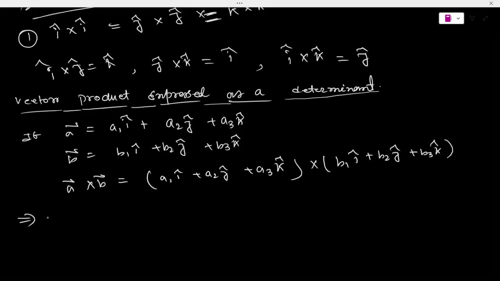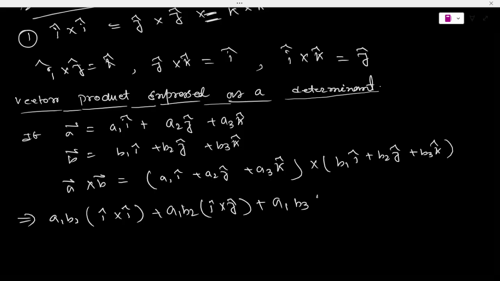The result will be a1 b1 into I cap cross I cap, plus a1 b2 into I cap cross j cap, plus a1 b3 I cap cross k cap.